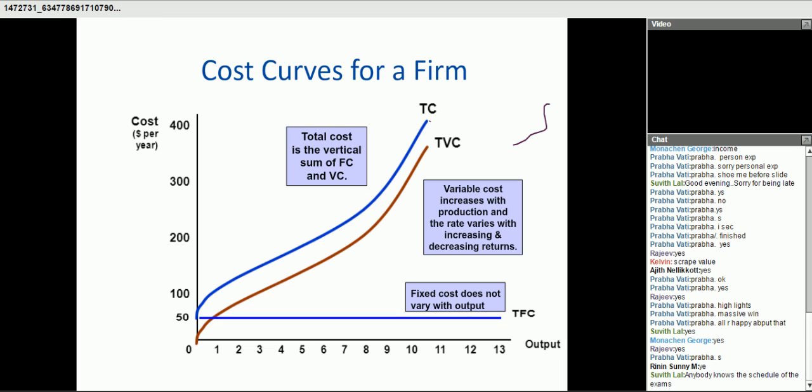So what we do is, we start the total cost from the point of total fixed cost. The total fixed cost and total cost will originate from the same point. So this total cost starts from 50. So that means this 0 to 50 is already a part of it. Okay, so we'll make it look like this.